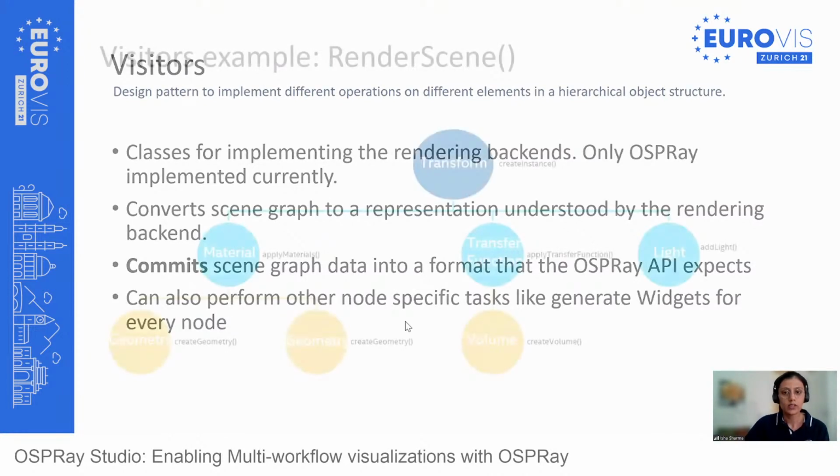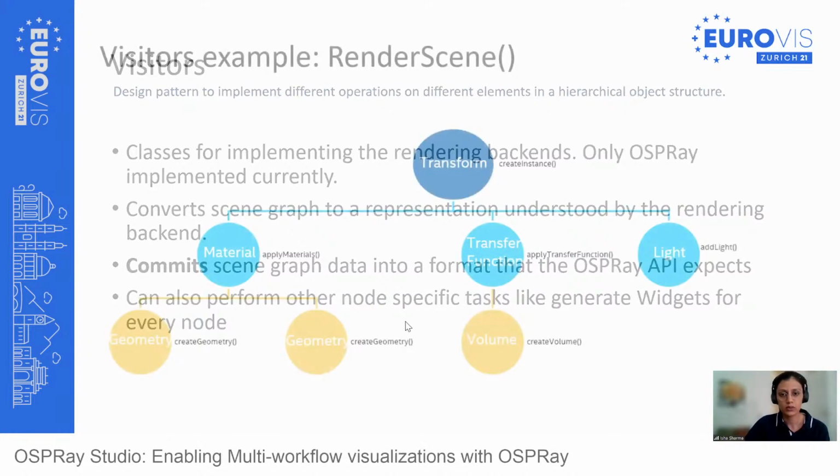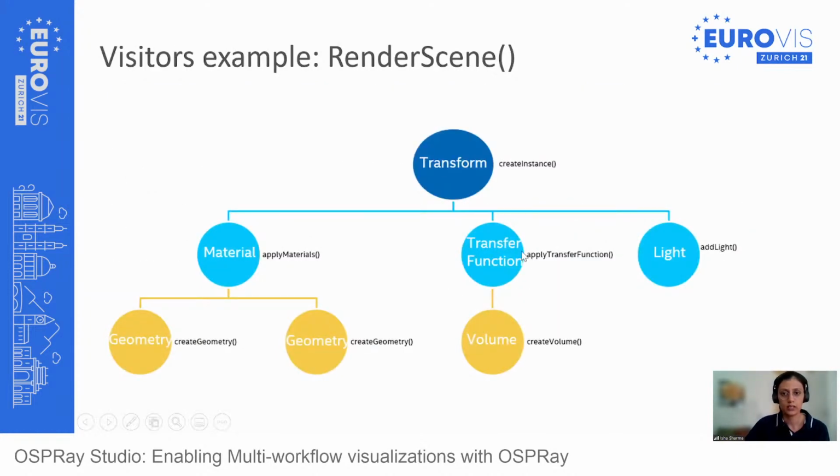Here is a hypothetical example of an abstract scene graph and how the render scene visitor would perform different functions on different nodes of the scene graph. So traversing it top to bottom, the render scene would perform different functions, like on the transform node, it will create an instance. On a material node, apply materials, and on the geometry node, create geometry.